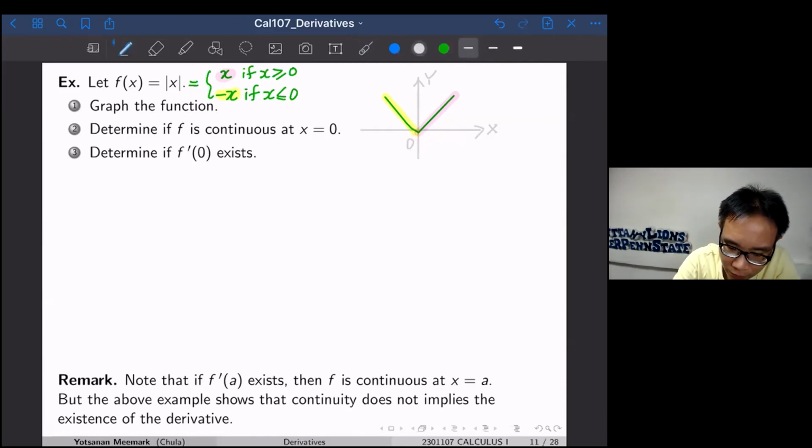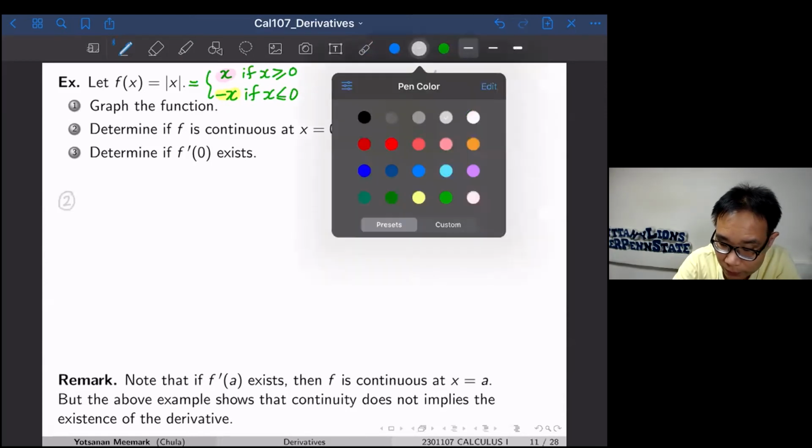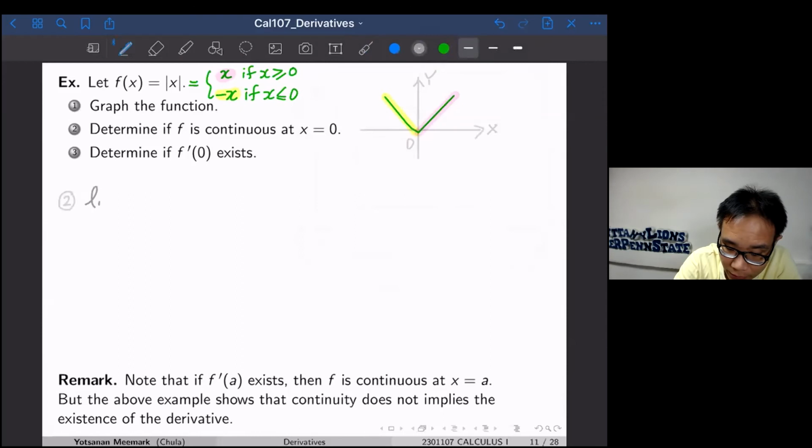Okay, for number 1, for number 2, the limit as x goes to 0 of absolute x is going to be absolute 0, equal to 0, equal to f(0).